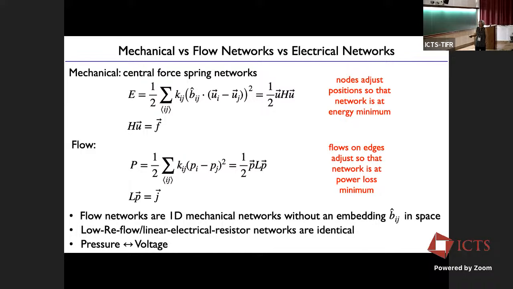These are the pressure drops on the edges. And I can write that in terms of the discrete Laplacian. Okay, so the flow network is just a one-dimensional scalar version of the mechanical problem, which is a vector problem. Okay, so and the flow networks are identical, just to remind you, to linear resistor networks. It's just that in both cases, you're minimizing the dissipated power. It's just that voltage replaces pressure. Okay, so that's what we have.